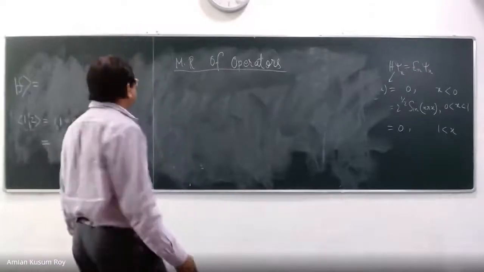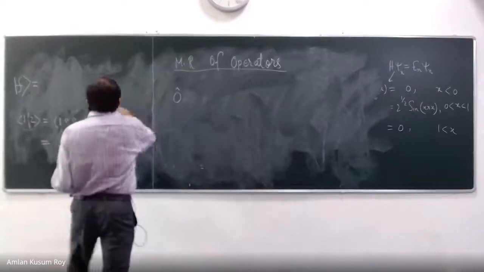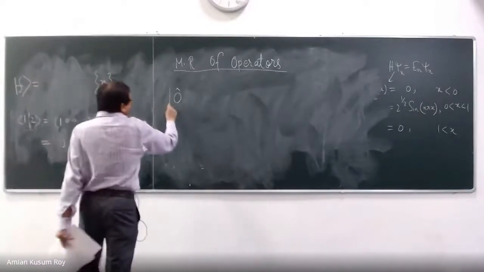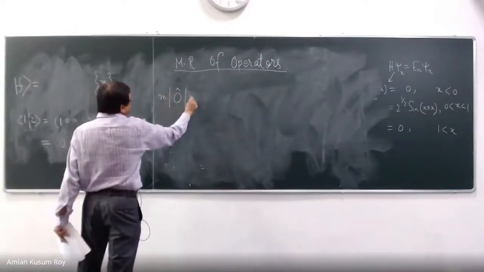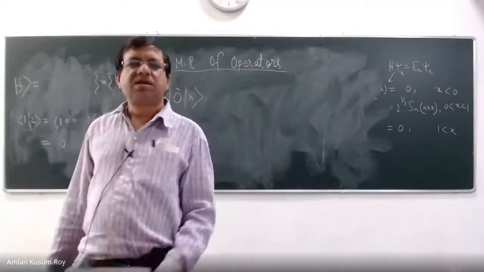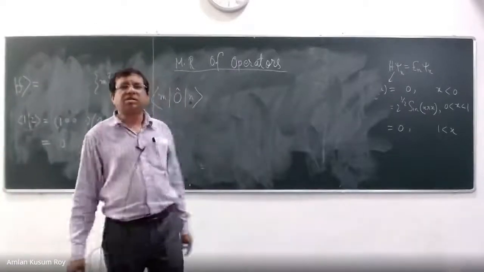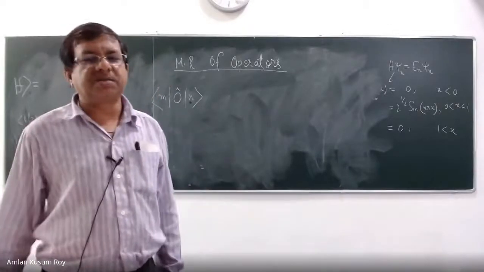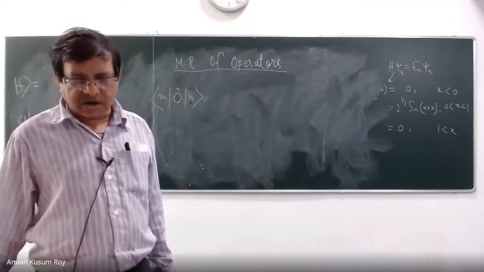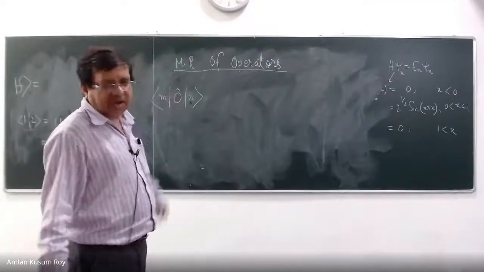If my operator is O and my basis is psi M, the matrix representation of an operator in the basis is psi M star O psi N. This requires you to find the matrix elements, one such matrix element being Mn.